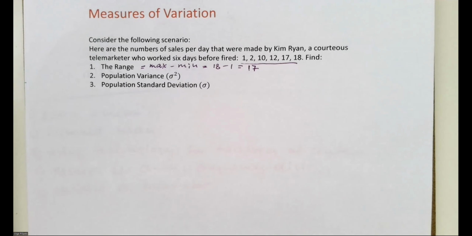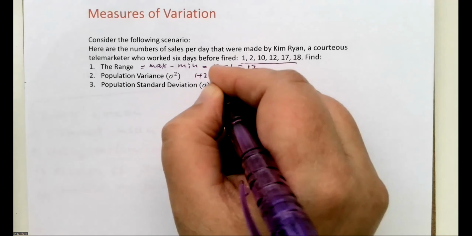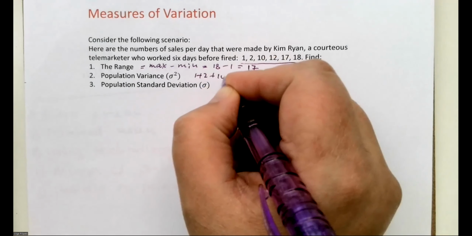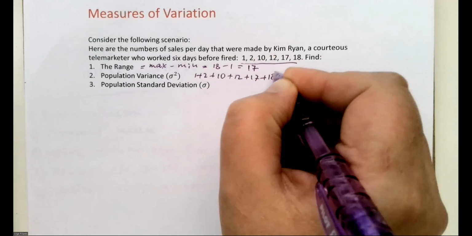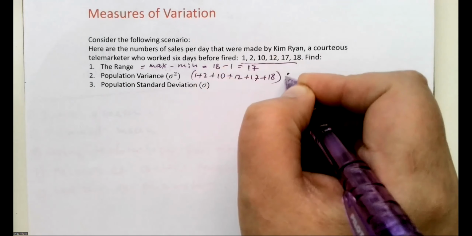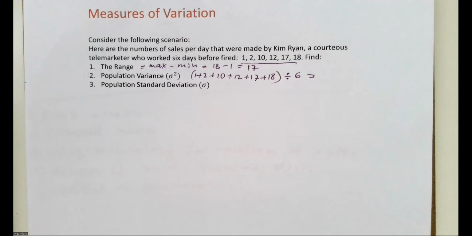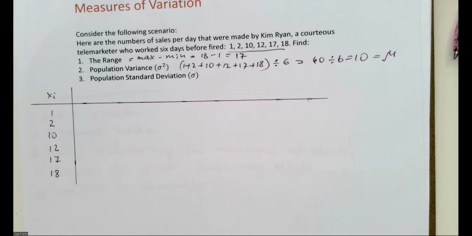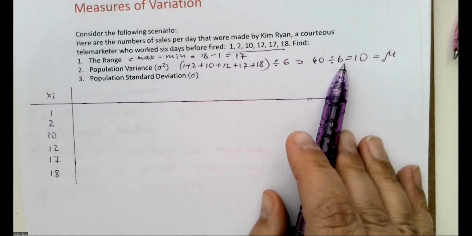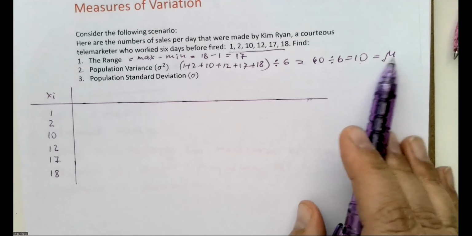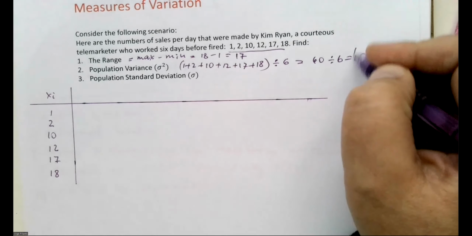So let's find the mean of the population first. 1 plus 2 plus 10 plus 12 plus 17 plus 18, divided by 6. So that was 60 divided by 6 equals 10. So the mean of the population equals 10.